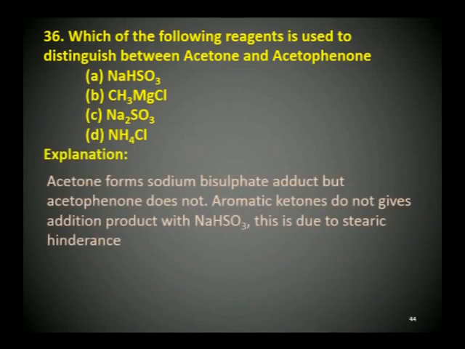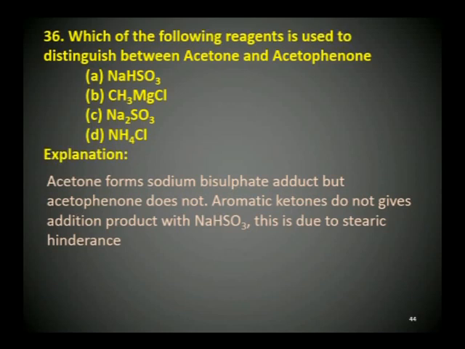Acetone forms a sodium bisulfite adduct, but acetophenone does not. Aromatic ketones do not give an addition product with NaHSO3. This is due to steric hindrance. Due to steric hindrance in aromatic ketones, you can see that they are not reacting with NaHSO3.